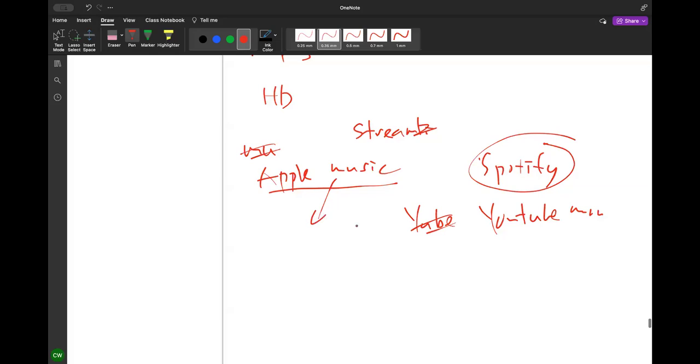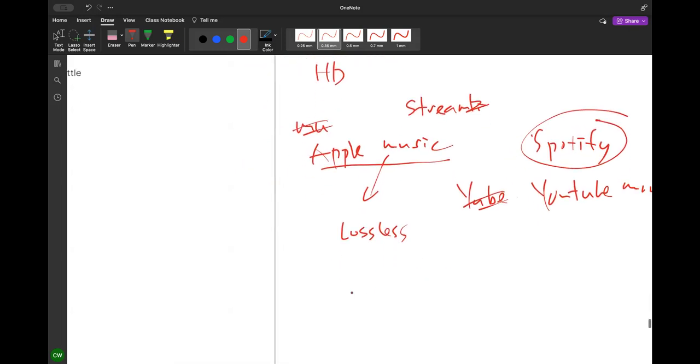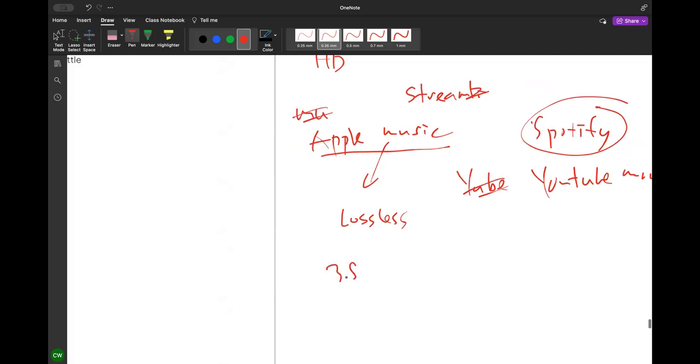For this one they promote something called lossless, right? Lossless music. Compressed. That means the 384. Don't know what is it already.